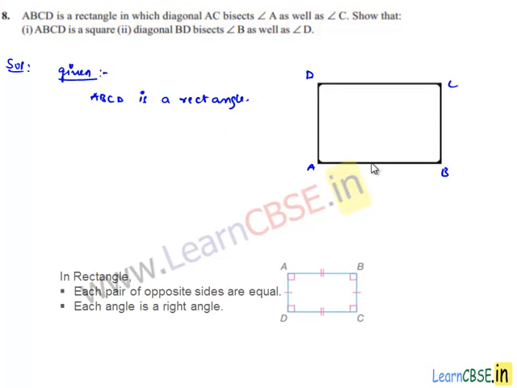We know the properties of rectangle as lengths will be equal and the breadths will be equal. Two opposite sides will be equal.